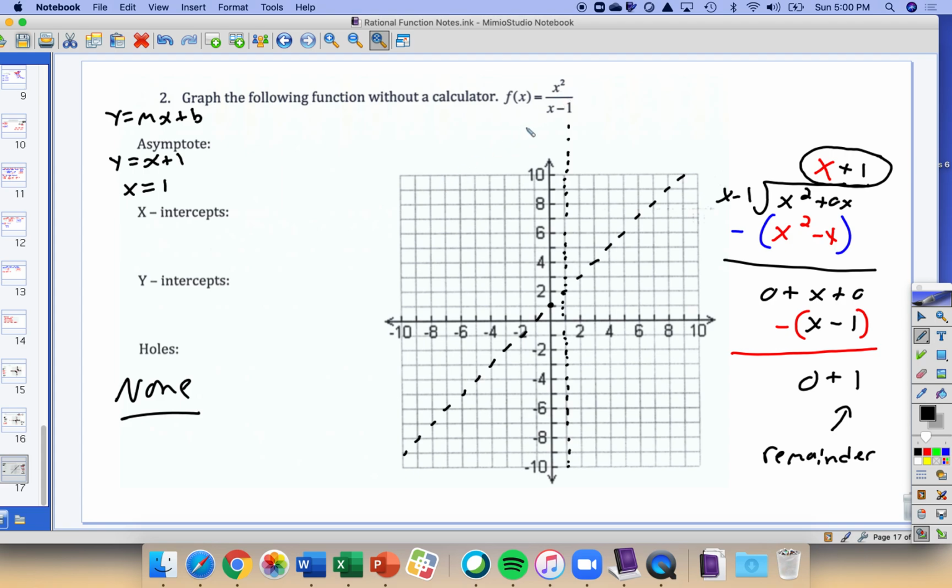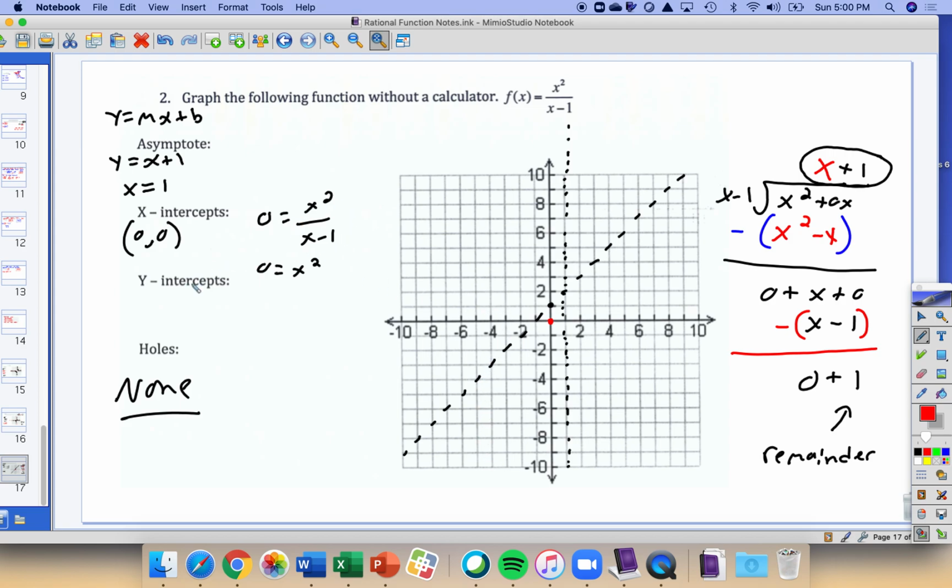So x-intercepts. X-intercepts are found by setting y equal to 0. So 0 equals x squared over x minus 1. I multiply both sides by x minus 1, and I'm left with 0 equals x squared. So I have an x-intercept at 0, 0, which is this point right here at the origin.